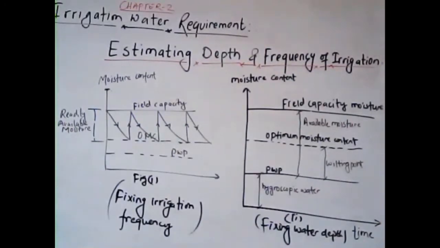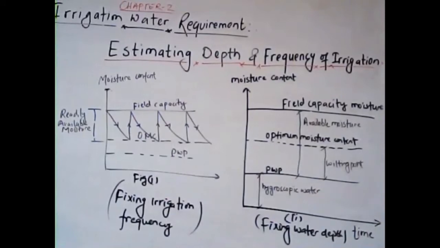Okay, friends, in figure first, we fix the irrigation frequency, and in figure second, we fix the water depth. Here in figure one, this is a time versus moisture content curve, in which we have the field capacity up to here, and also there is the optimum moisture content level, and below this we have the permanent wilting point level. Our aim is to make the moisture content up to the field capacity.